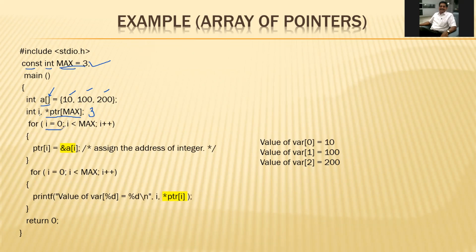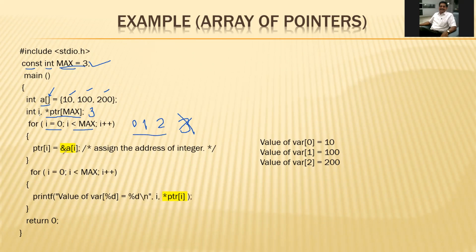We have given the for loop: i equal to 0, i less than MAX. So less than MAX means the values will be 0, 1 and 2, not 3, because it will always start with 0. So this loop will execute 3 times.